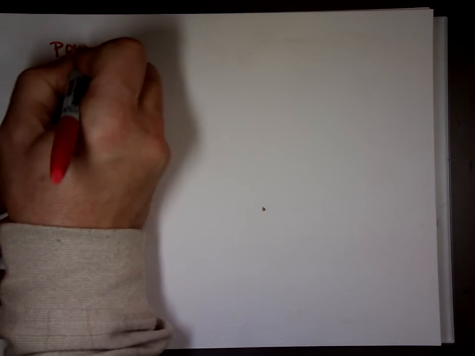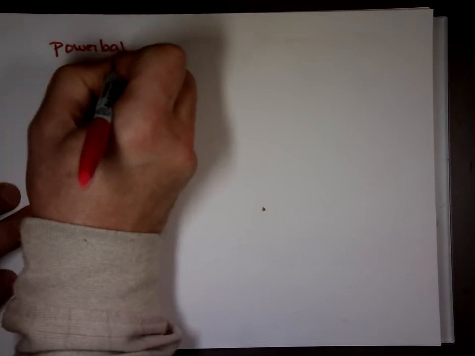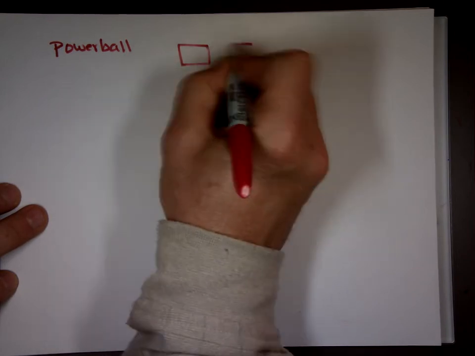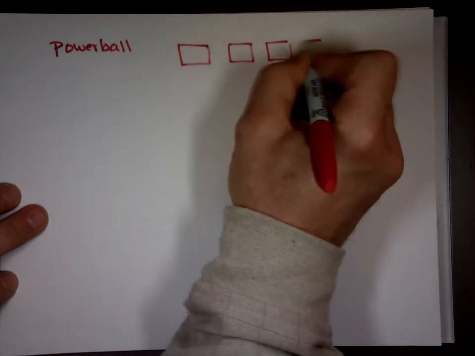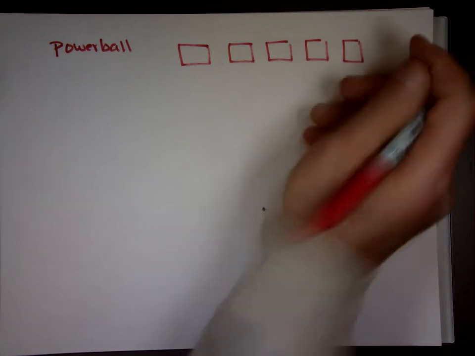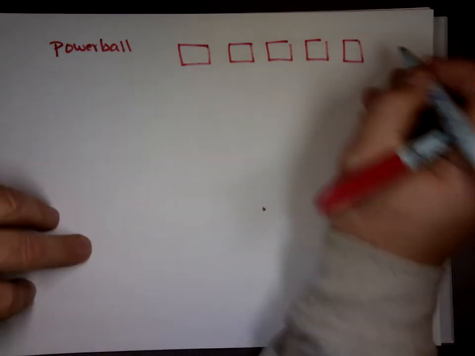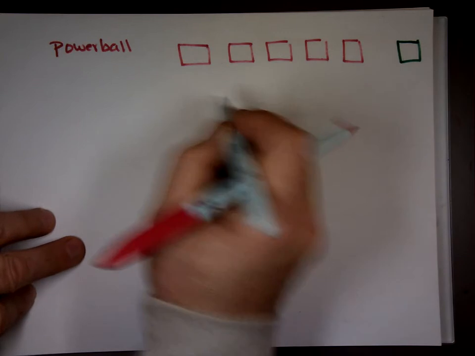Where are they? It says, we draw 5 white balls out of a drum with 59 balls in it. So we get 59. By the way, if you ever played the Powerball, you get to select 5 numbers. Then there's the power number. So there is no repeat in them.